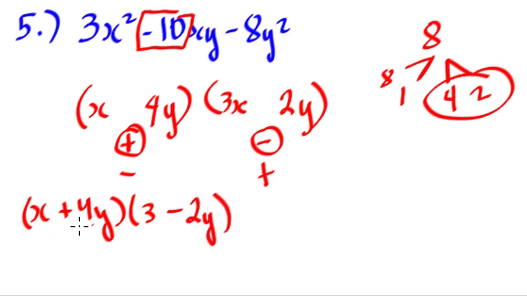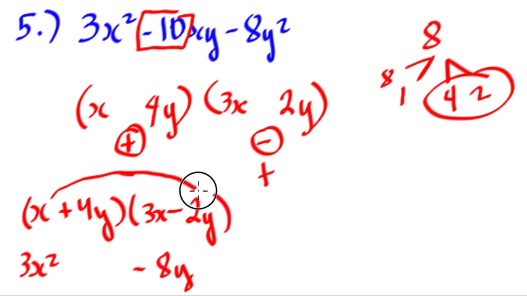So let's check. So we have 3x squared. For the last term, we have minus 8y squared. That's good enough. How about in the middle term? So use the O for the FOIL O here. This is going to give us negative 2xy. And then multiply the 4 here, 12.